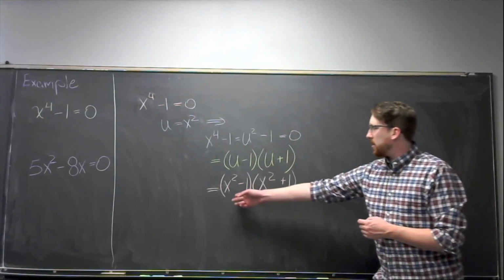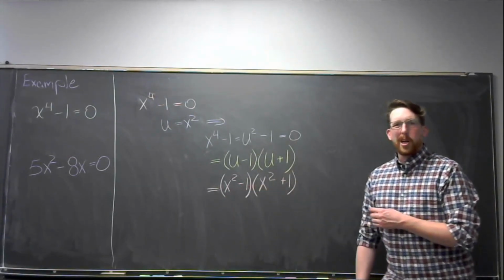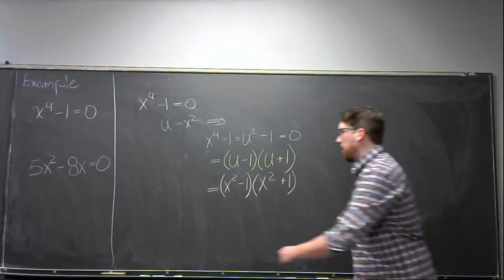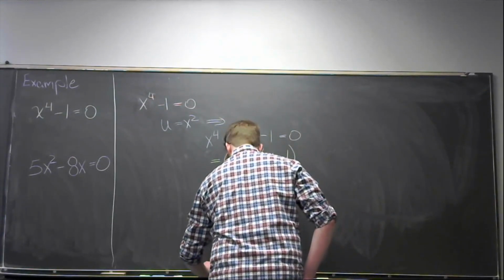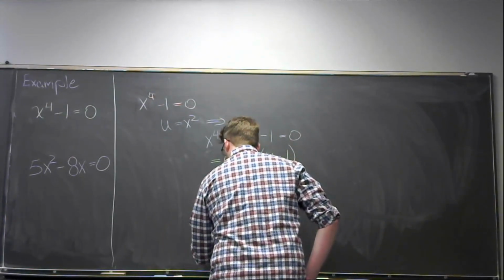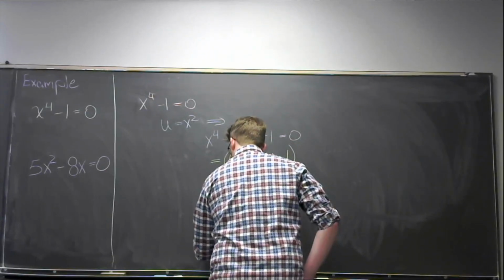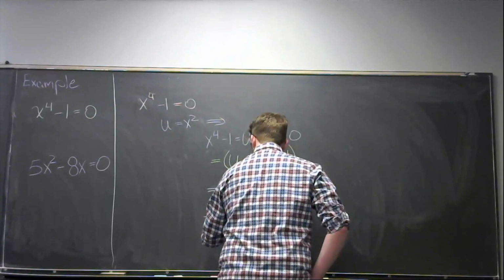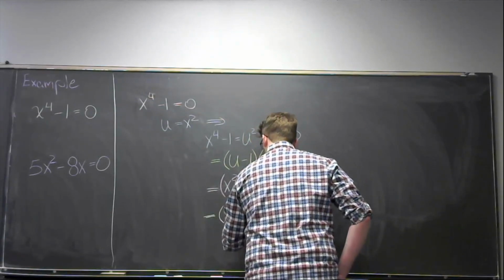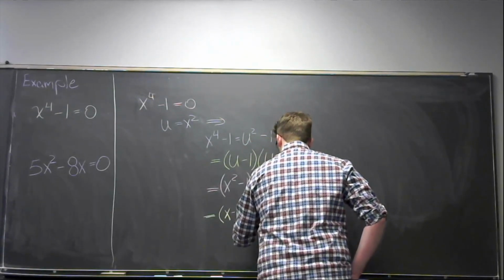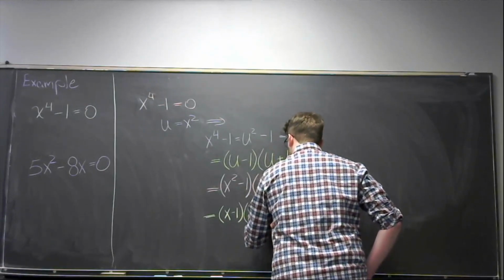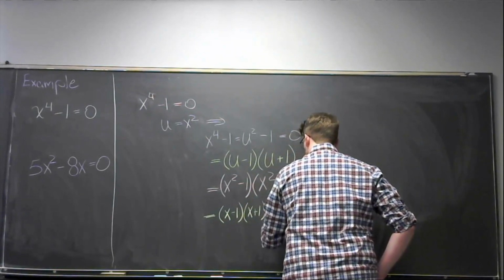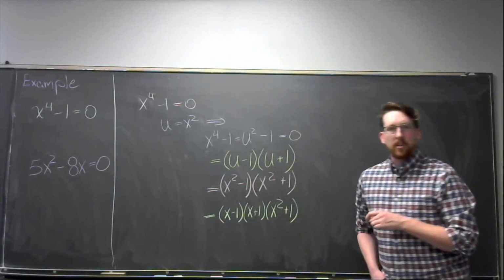Well, this first factor, I see that I can break it up right away into x minus 1 times x plus 1, and I still have no clue what x squared plus 1 factors out to be.